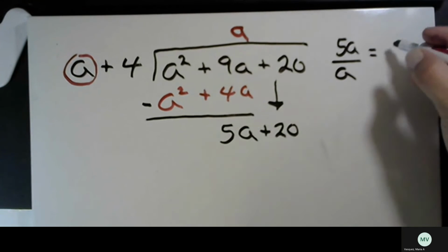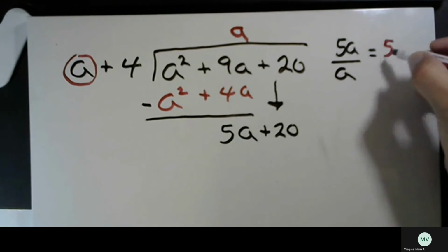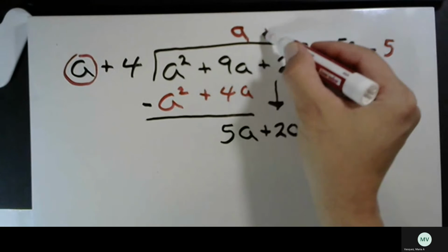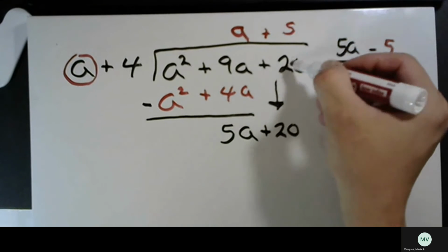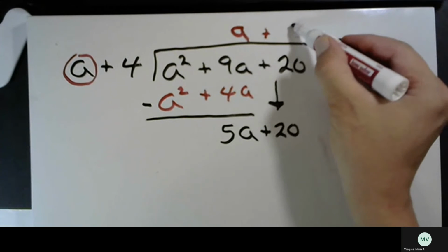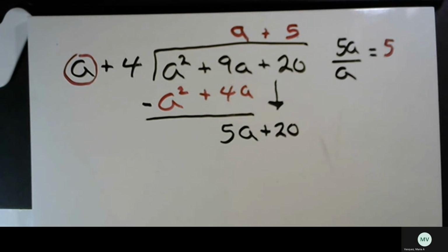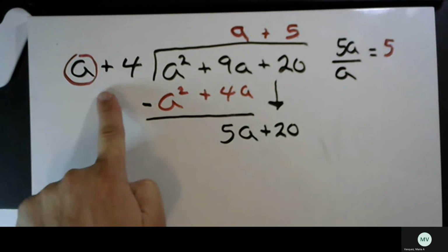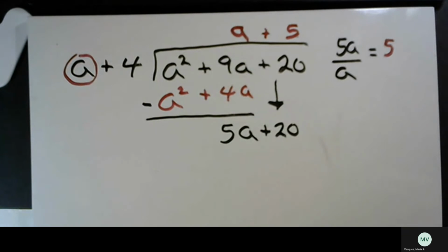We're going to get 5. That's a constant, so we'll go plus 5 in this constants column. Let me make that look a little more like a 5. And now we're going to take 5 and multiply it to this entire thing.